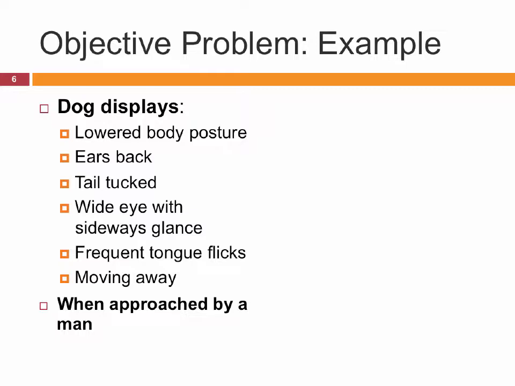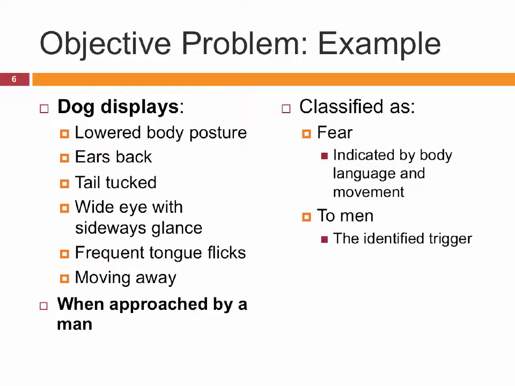And so then we can qualify it and say, okay, well, he's afraid to men, or to trucks, or to other dogs, based on what was happening at that moment. So now we can create on our problem list fear to men, fear of trucks, fear of other dogs, right? Maybe it's big black dogs that bark. We don't really know, right? If we can document that information, we can more specialize our problem list.